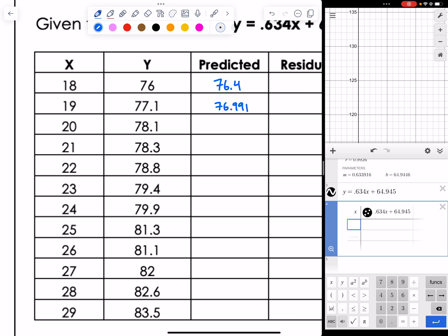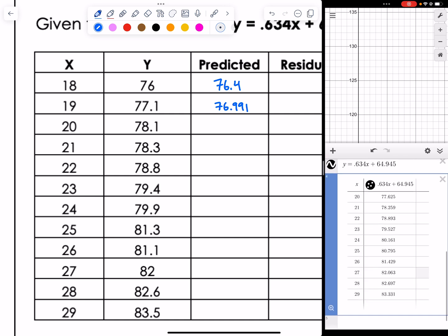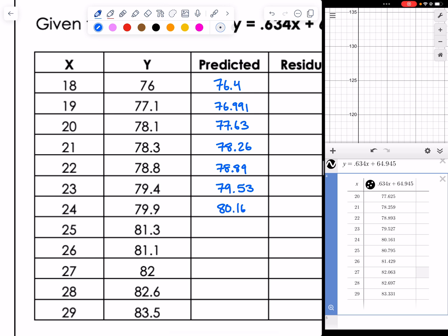And then I need 20. Let's see, I need 21, 22. I'm just going to write them all down. Okay, so 20 is 77.63. 21 is 78.26. 22 is 78.89. 23 is 79.53. 24 is 80.16. 25 is 80.